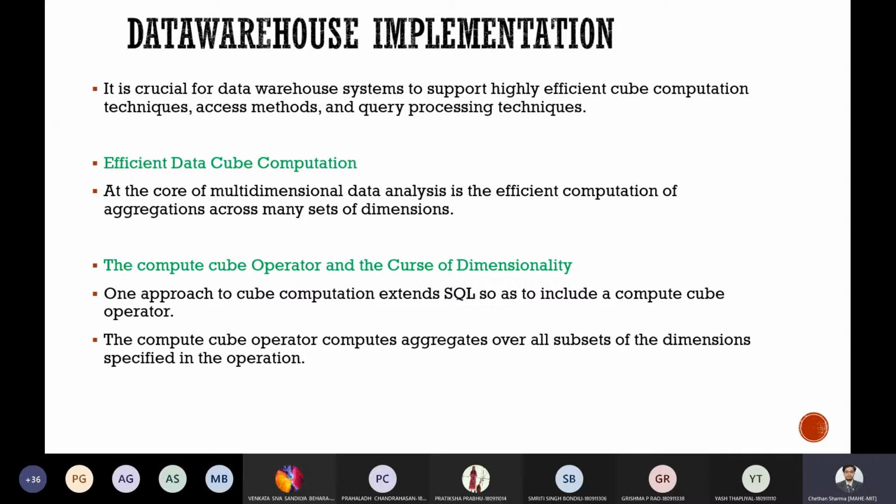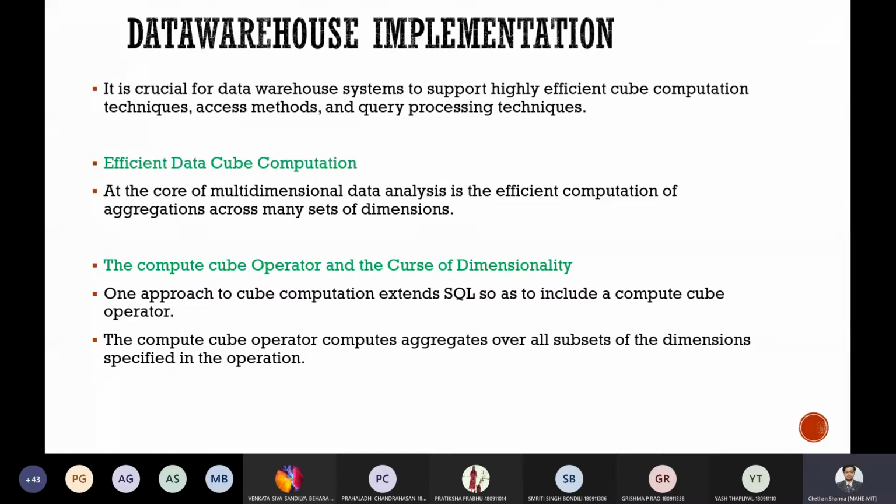At the core of multidimensional analysis, there is something called efficient computation of aggregations. You should be able to query and compute something which involves multiple dimensions. In SQL terms, aggregations are usually referred to as group bys. You're basically performing a group by over the data.